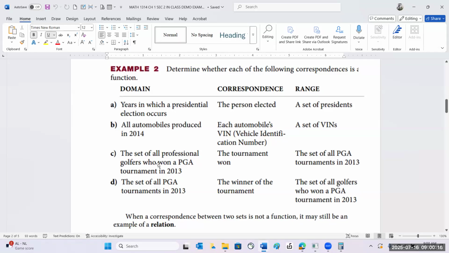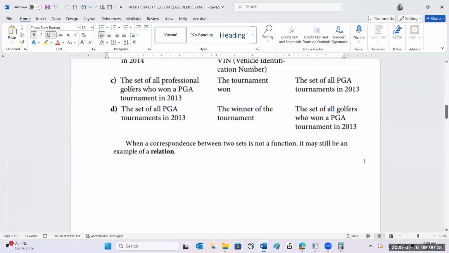The set of all professional golfers who won the PGA tournament in 2013. The range is the set of all PGA tournaments won in 2013. Is that one-to-one? In other words, can the same person win a golf tournament more than once?